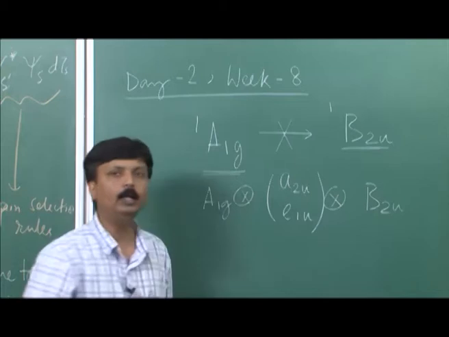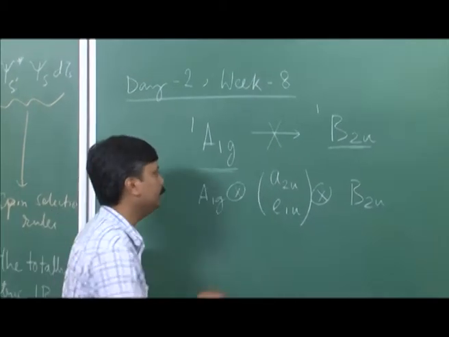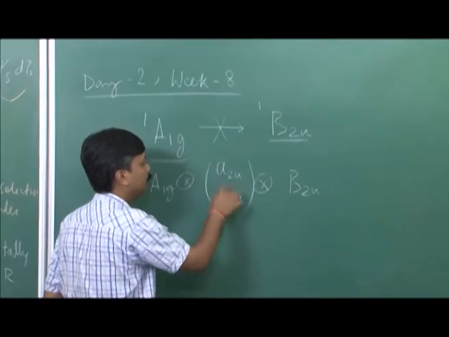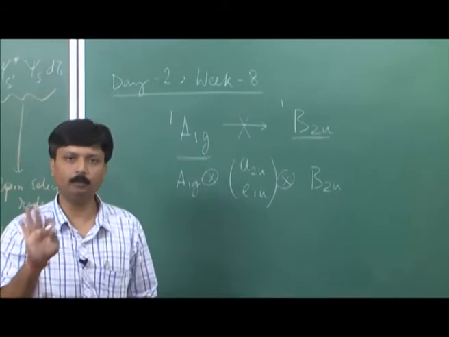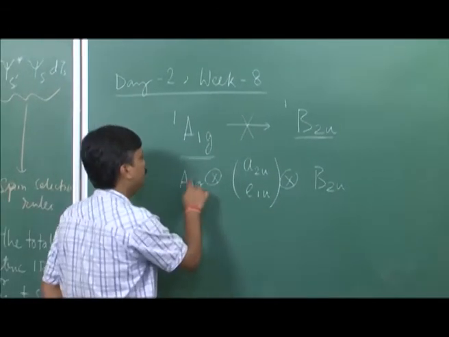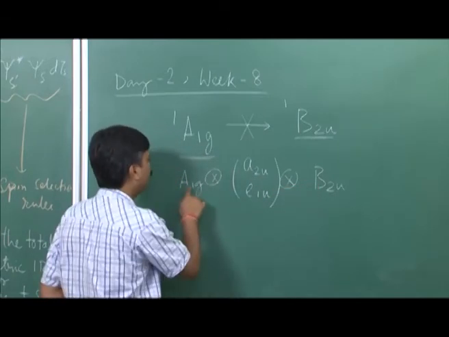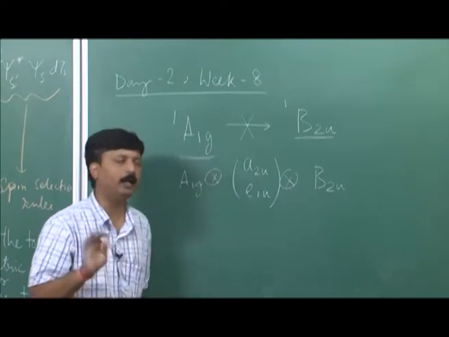For the operator I use the small letter, okay, as is used in many cases. So the two terms within the parenthesis mean that we are actually doing two separate direct products: first A1g, A2u, B2u, one direct product, and also A1g, E1u and B2u. So two different direct products.